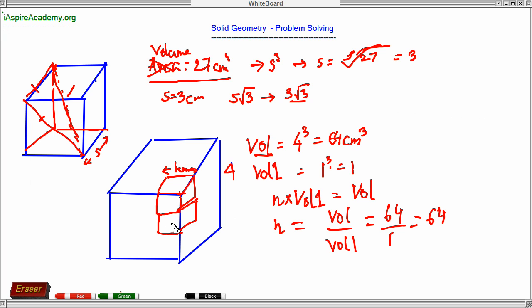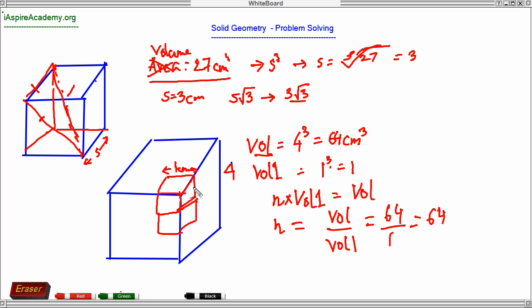Now you can also have a different twist of the problem. Another variation is you can be told that you're given a bigger cube and you paint the cube on all its surfaces, and then cut the cube into smaller pieces having length 1 centimeter on each side.